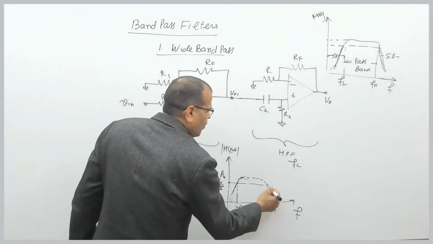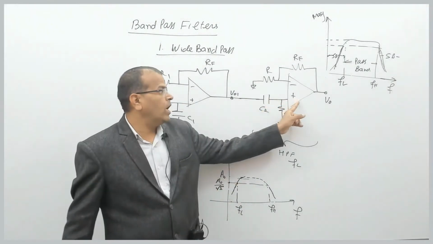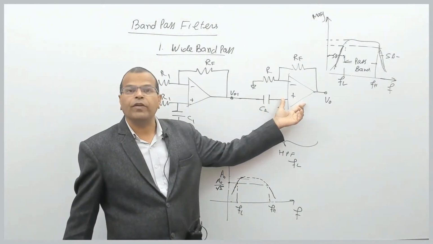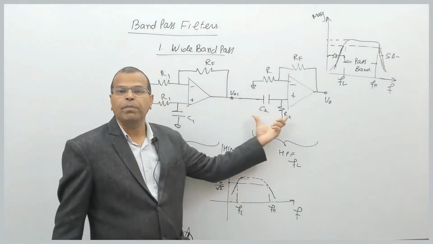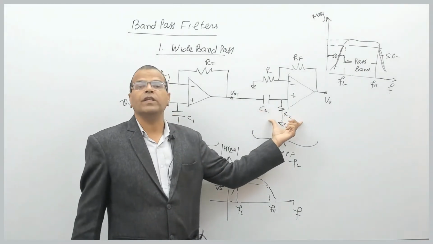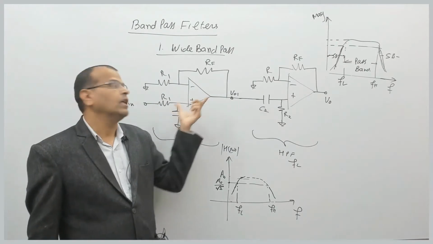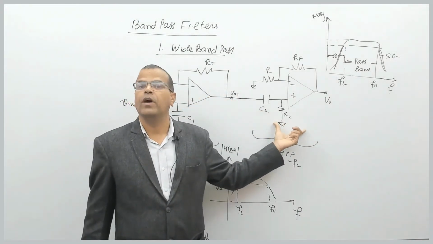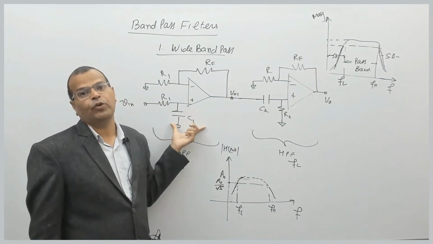So what I mean to say is, condition here is it will pass through the frequencies above FL. So it means I will be getting a certain band of frequencies at the output if and only if the cutoff frequency of this stage is less than the cutoff frequency of this stage. That means cutoff frequency of high pass stage is less than the cutoff frequency of low pass stage.